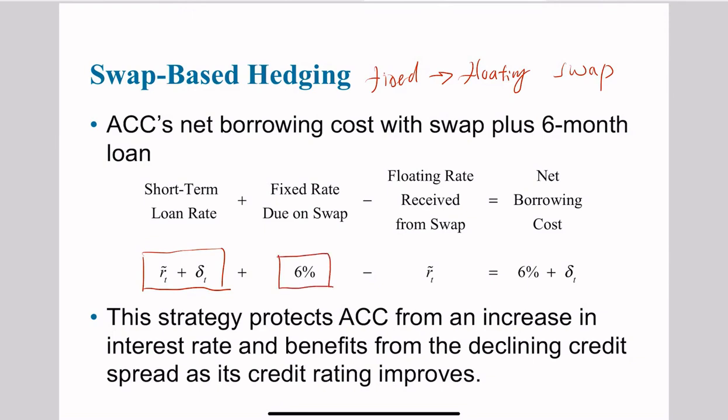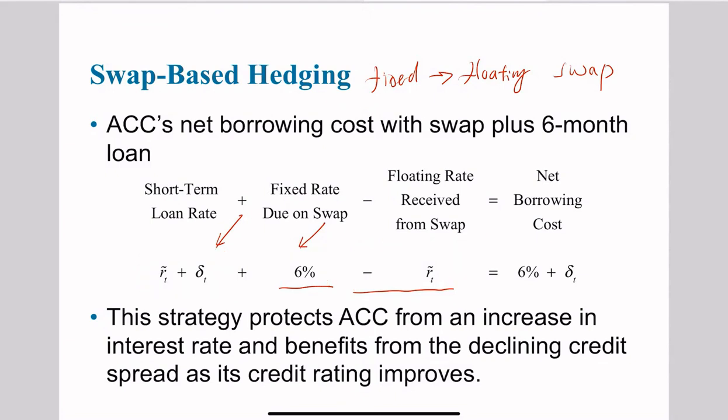And in return, it will receive this floating rate. So this will give us the net borrowing cost, right? So this is the original borrowing cost. And then it will have to pay this fixed rate, but the firm will get back this floating rate.